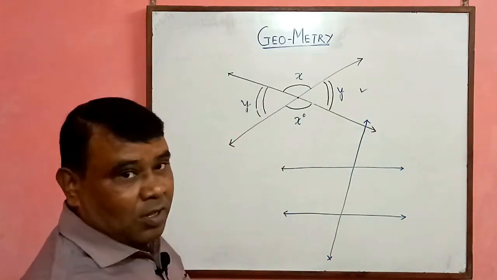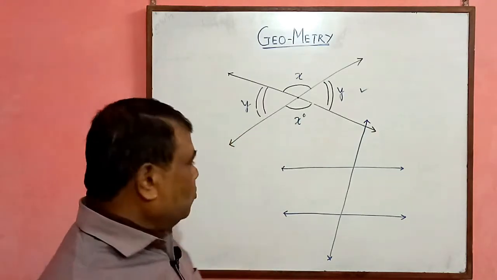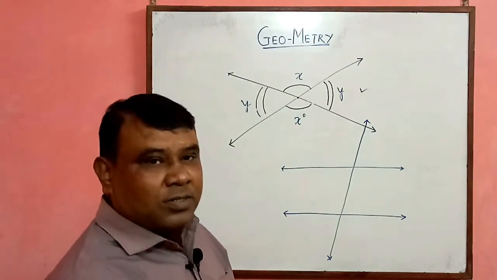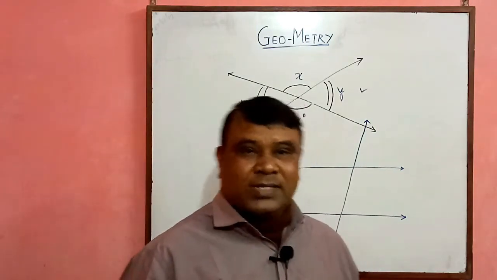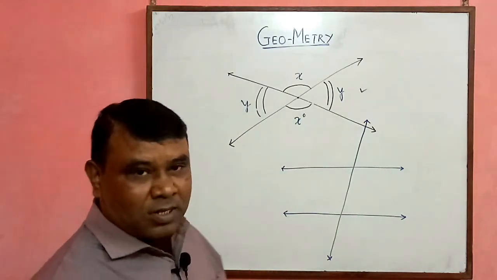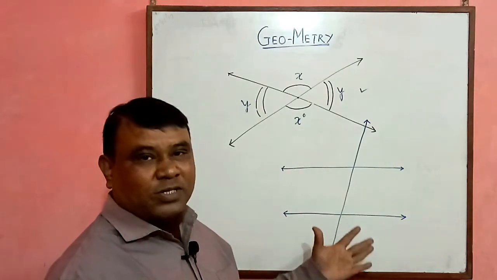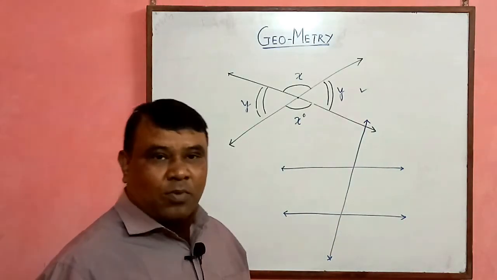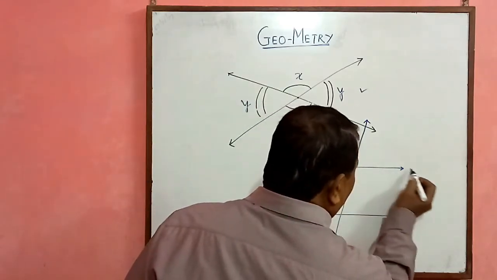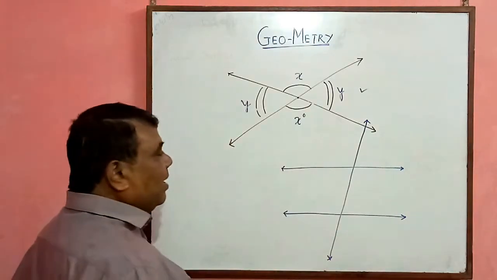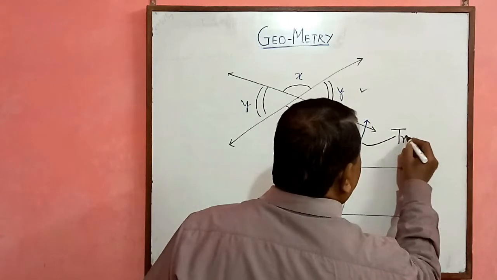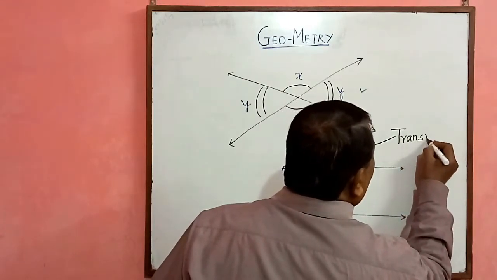Please pay rapt attention to this lecture, because 98% of questions, whether easy or difficult, in geometrical problems will be solved with the help of these properties of parallel lines. When we draw a line intersecting a pair of parallel lines, this is known as a transversal.